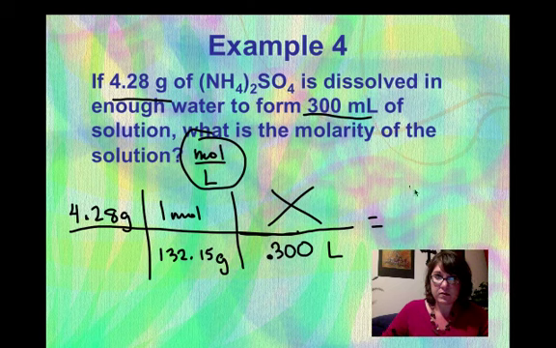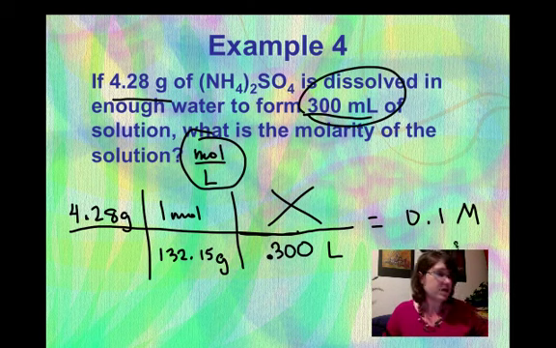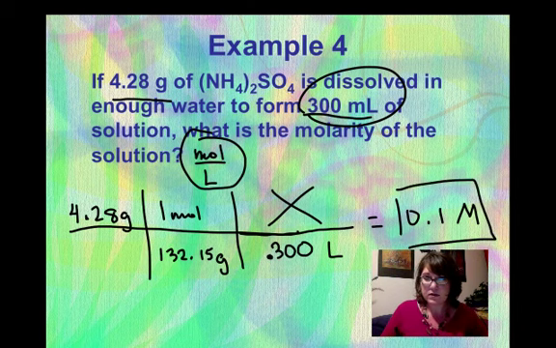All right, I get a molarity of 0.1107, yeah, 0.1 molar. I only get to keep one sig fig because that value has only one significant digit. So I get 0.1 molar ammonium sulfate. There we go.